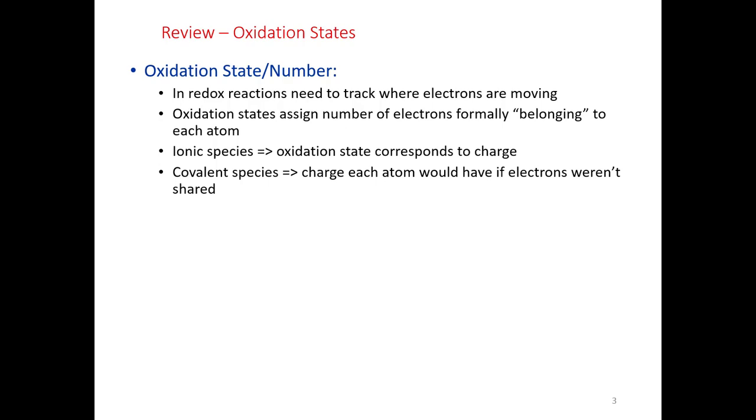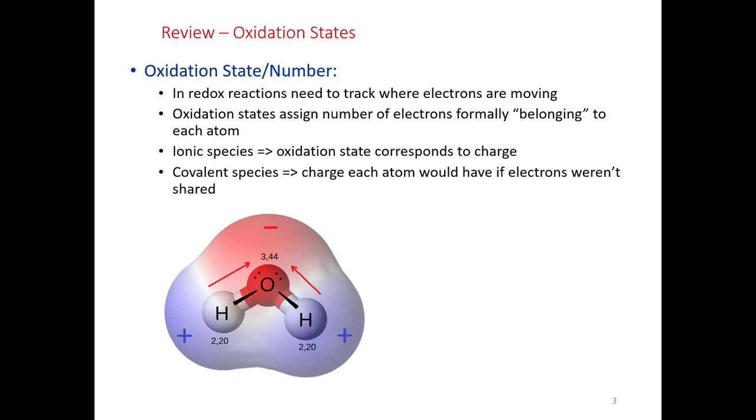So if you rip apart the covalent bond, you're assigning on which atoms the electrons would go from that covalent bond. If you look at water, if you think about pulling apart the OH bonds, where would the electrons go? What would form the most stable species?